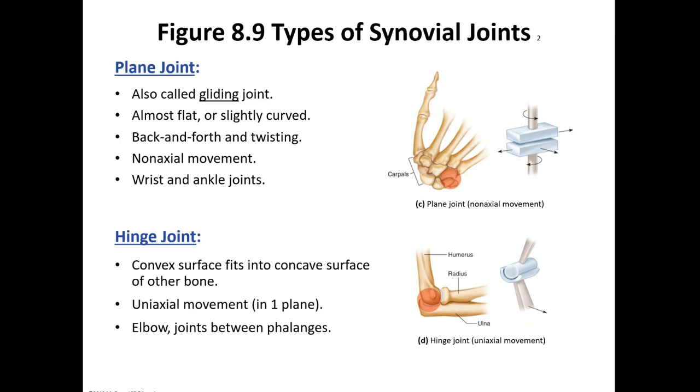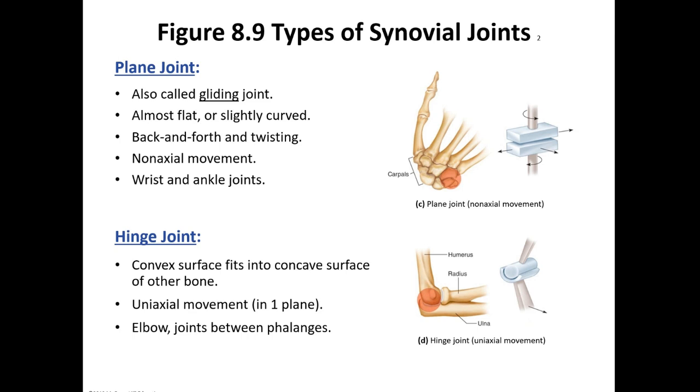So that's what they call plane joint. We can also find that in our ankle area called tarsal. The bones here can also twist or move forth and back, because the wrist and ankle bones are held together by plane joint or what they call gliding joint.